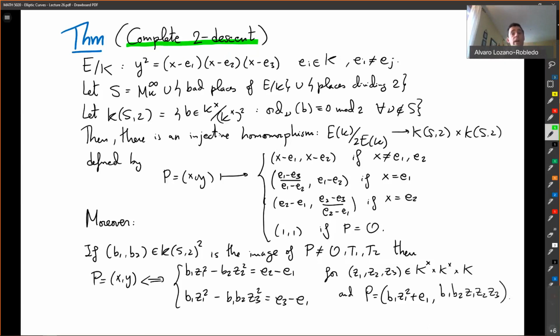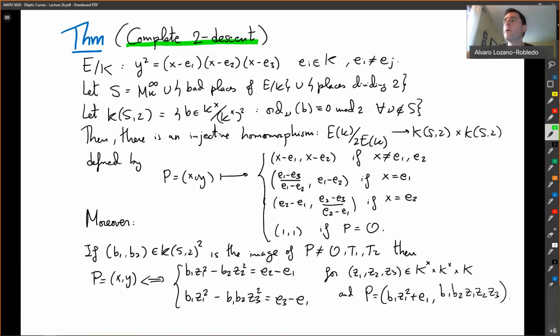Remember that, given the theory of heights, if I have generators of E mod 2, then it's a finite computation of points with a smaller height to find actual generators for E over K. Okay. All right.